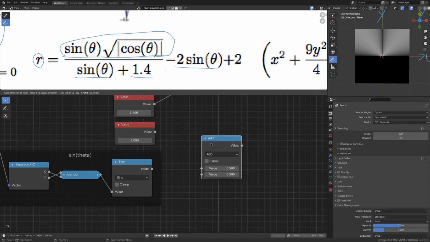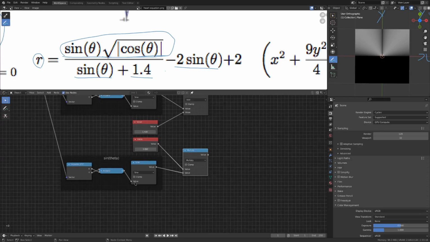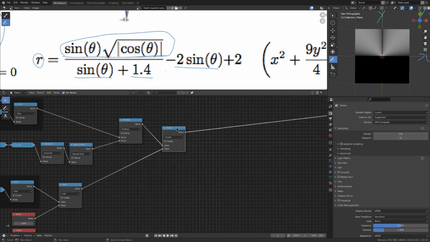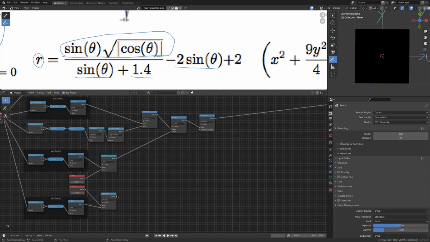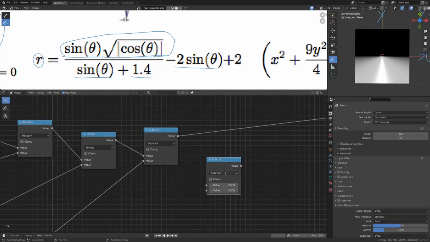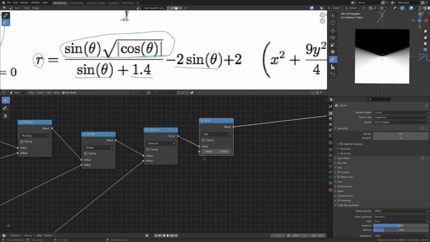Math Multiply. We just made it, and we're going to subtract that with this thing. So we are going to subtract this thing here from this thing. We're getting close. Okay, Math Add, the value set to 2.